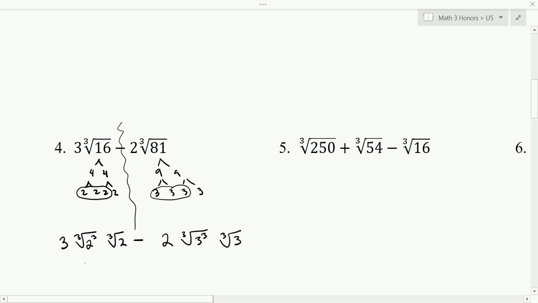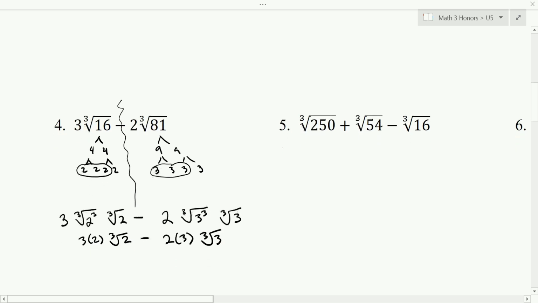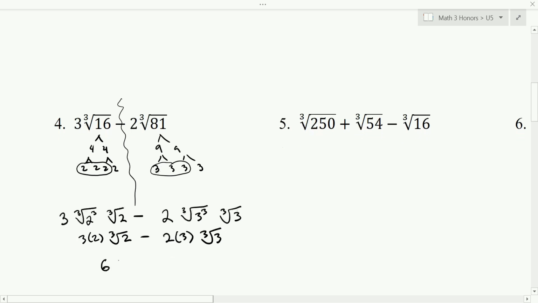And so simplifying further, we got 3 times 2 cube root of 2 minus 2 times 3 cube root of 3. 6 cube root of 2 minus 6 cube root of 3. And that's as much as we can do because the cube roots do not match. We got to stop there.